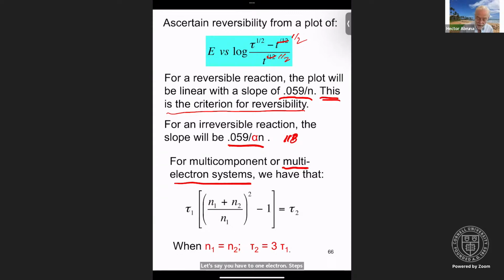If you do the math, you end up with the ratio between tau 1 and tau 2, for n1 equal n2, let's say 1 electron transfer, the second transition time is 3 times the first one. So this is 3 times that guy. And that just basically falls out of the math. There's nothing magical here.